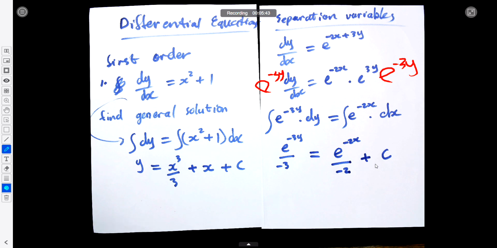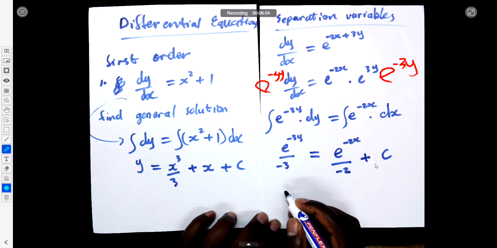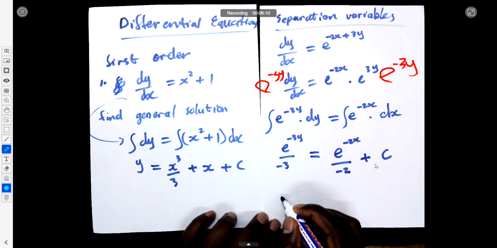If we are required to simplify further, making y the subject of the formula where it's possible, we could try that. Normally we would state the plus c, but even if you didn't add the plus c, it is still a constant. But I want us to focus on this. You will be multiplying on both sides by negative 3.